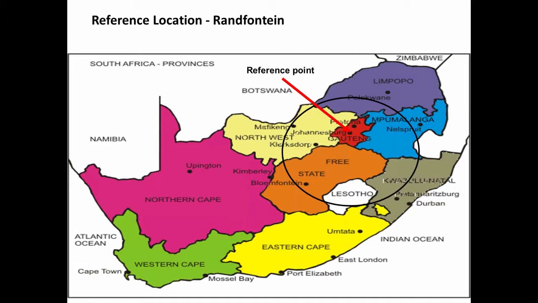Other than that, all other deliverable products reference Johannesburg, or the Reef as we call it, Randfontein. That's why, if you are somewhere else, in Upington or wherever, there must be that differential, and that is what we refer to as location differential.